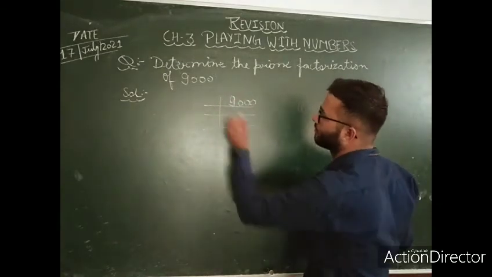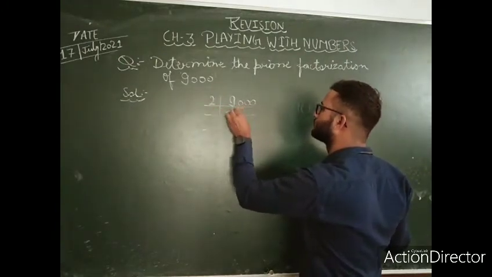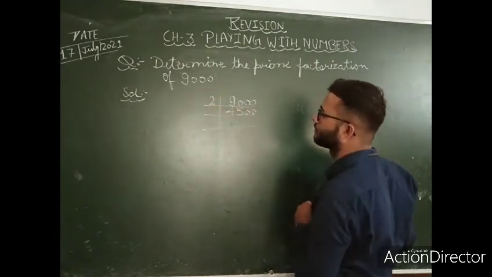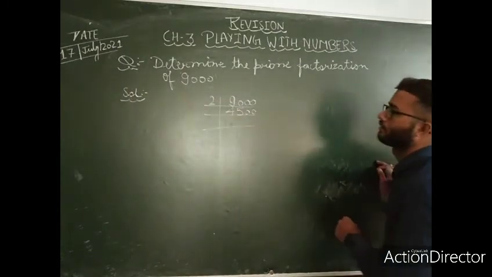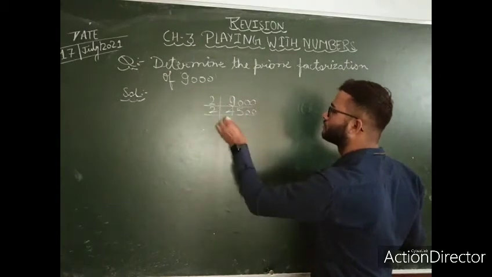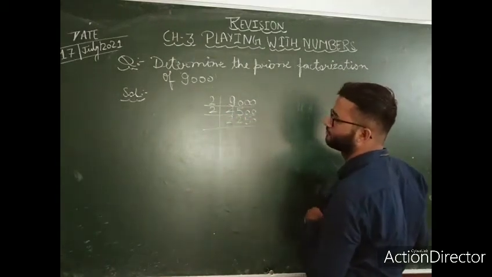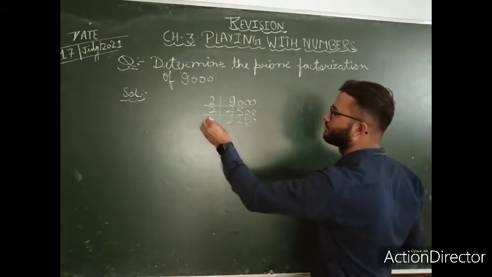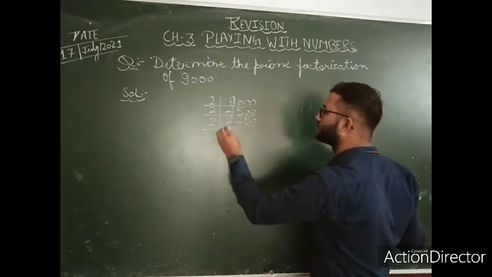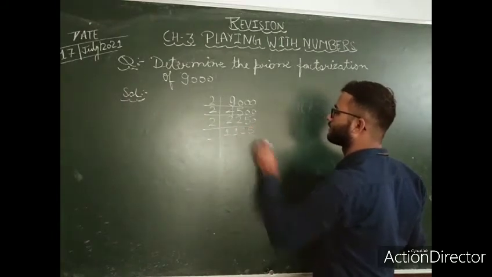So here 9000 is divisible by 2. 2 4s are 8 and 2 5s are 10, right? Next, again divide by 2. 2 2s are 4, 2 2s are 4 and 2 5s are 10. Then again divide by 2. 2 1s are 2, 2 1s are 2, 2 2s are 4 and 2 5s are 10.